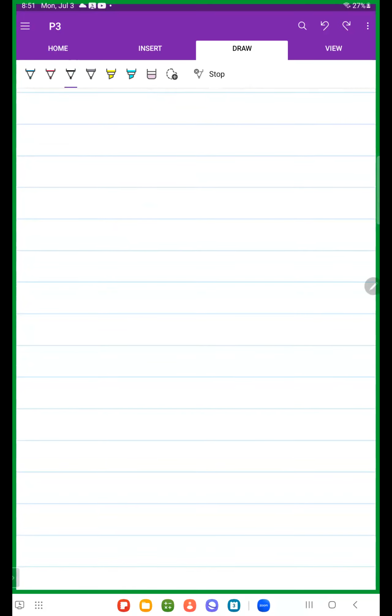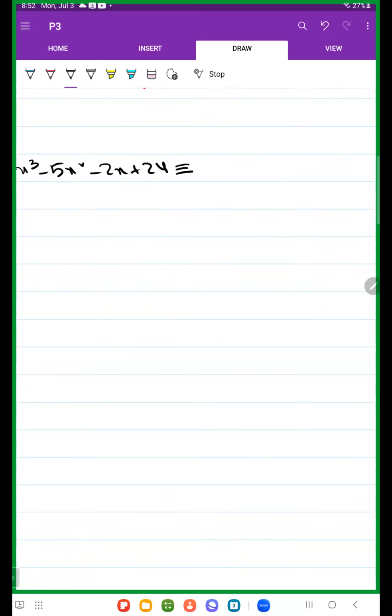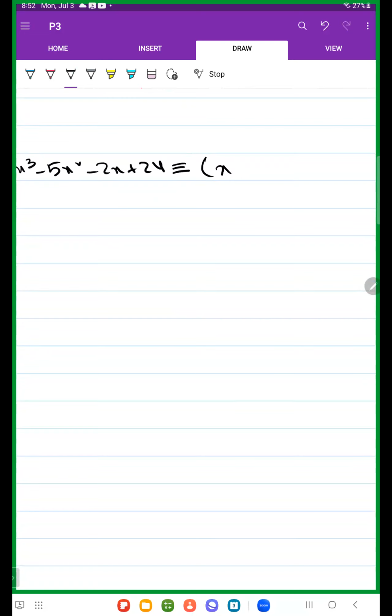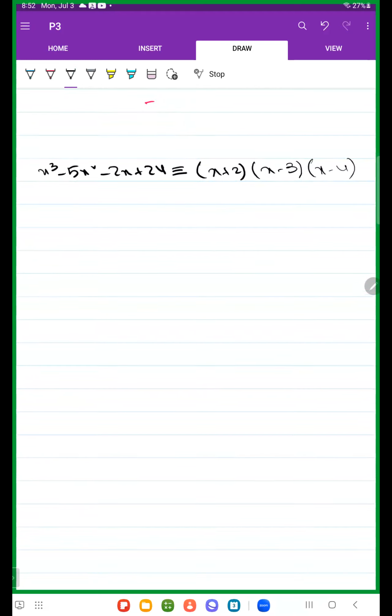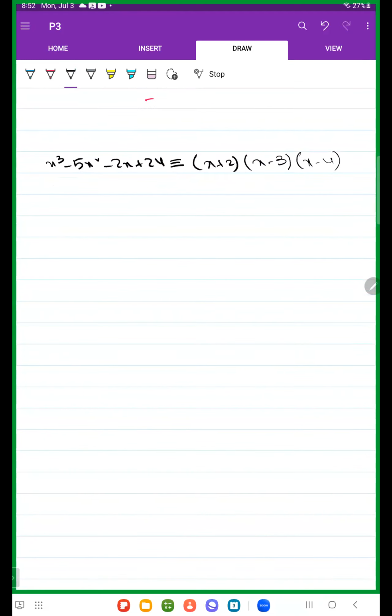You will write x cubed minus 5x squared minus 2x plus 24 is equal to x plus 2, x minus 3, x minus 4. Okay. Now I want you to do this question.